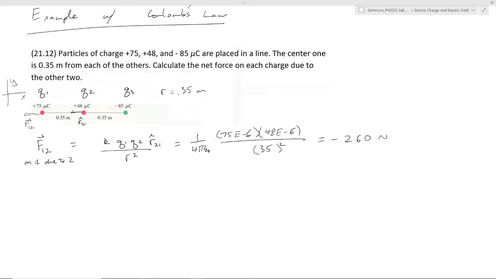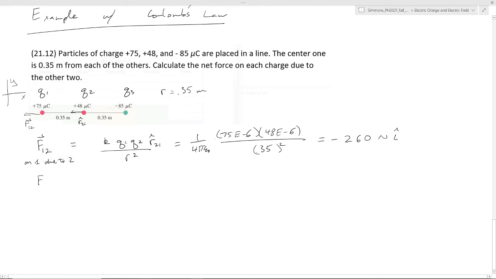If this problem is limited to one dimension, we could say it's along the x-axis, in which case, if that's pointing along the negative x-axis, this would be in the negative i hat direction, as I have it there. Okay, so that's the force on 1 due to 2.